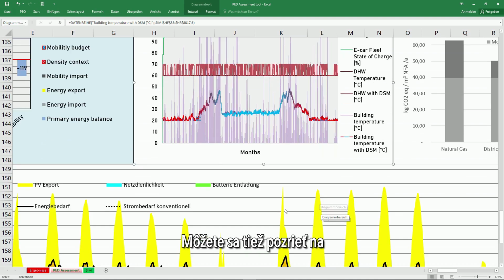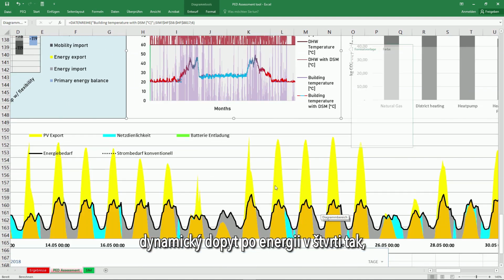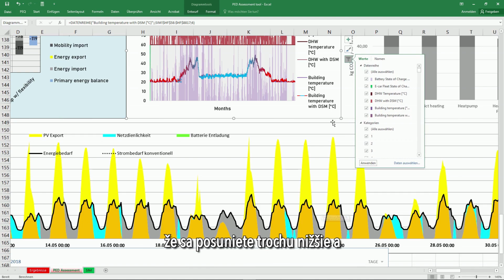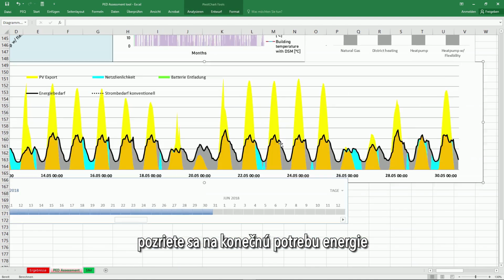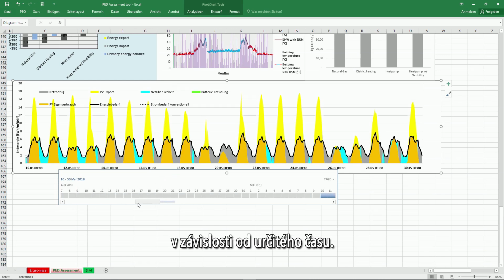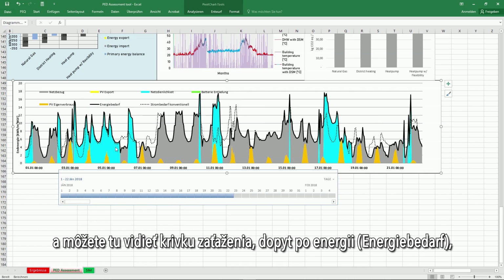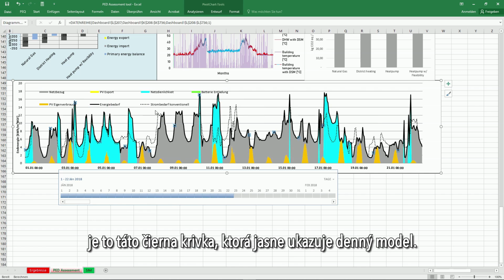You can also have a look into the dynamic energy demand of the district by scrolling down a little bit further and looking into the end energy use depending on a certain time. Let's go here into January, and you can see how the load curve, the Energiebedarf, the energy demand, is this black curve, showing a clear daily pattern.